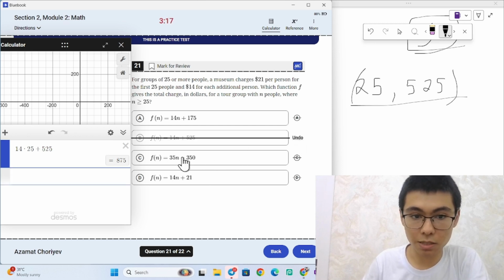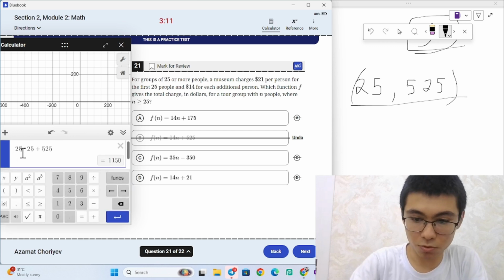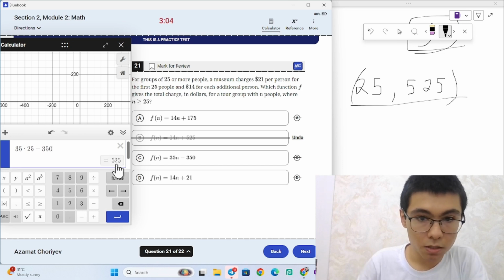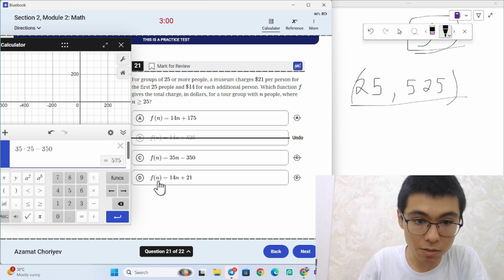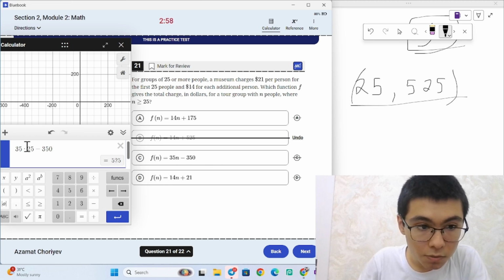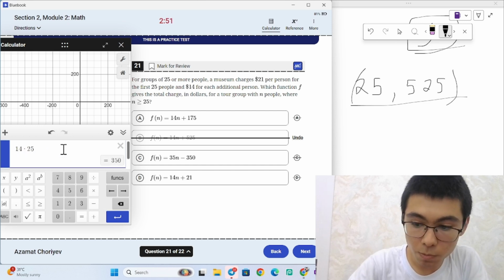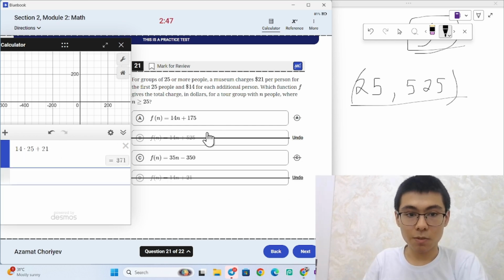C is wrong too, because even if we put it, it's not really a good choice. 35 minus 350, we're gonna get the same. Okay, so let's see here. D, 14 plus 21. No. So we are between A and C.